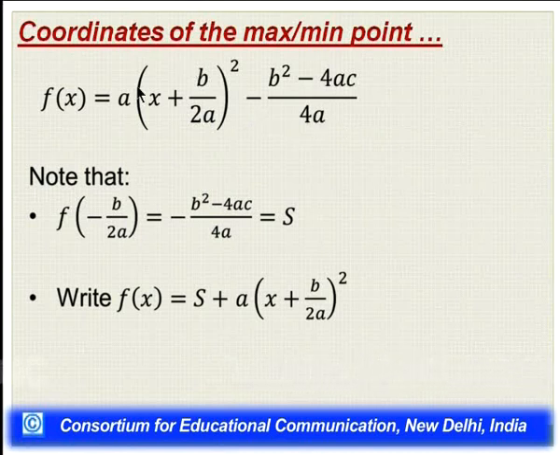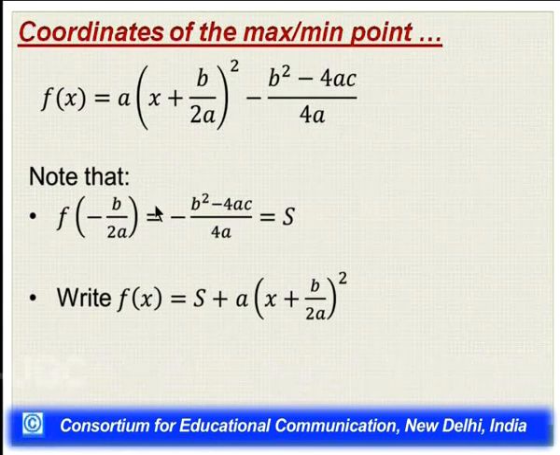Now note here that as x varies in the function, it is only the first term that is going to vary, because this variable x appears only in the first term. But the second term is a constant, independent of x.